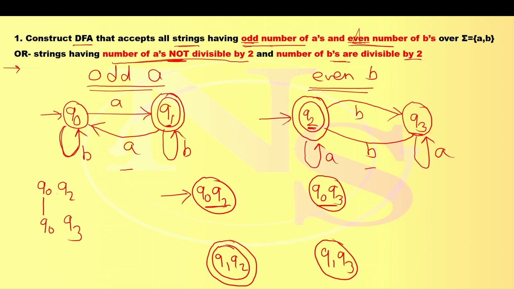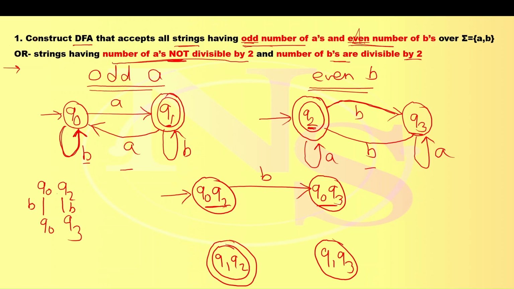If you see here in the first sub-problem, Q0 to Q0 is on B, so write B here. What is the transition from Q2 to Q3? Check in the second sub-problem, Q2 to Q3 is on B. It is matching. Q0 Q2 reading B goes to Q0 Q3, so we can write the transition here as B.